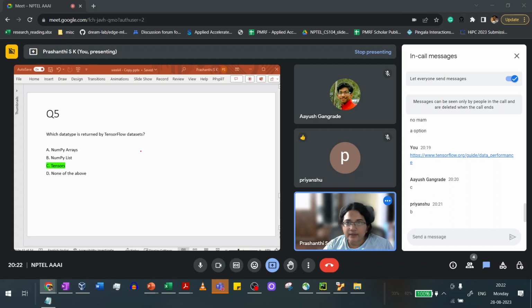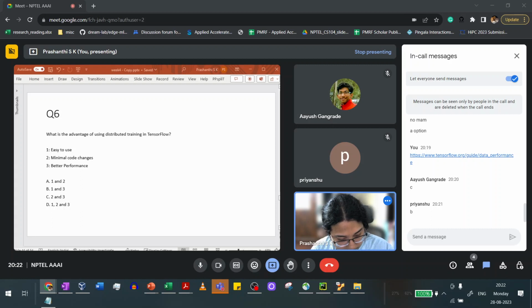Okay, let's move to the next question. What is the advantage of using distributed training in TensorFlow? Easy to use, minimal code change, better performance. C, 2 and 3. Okay. Is 1 not true?